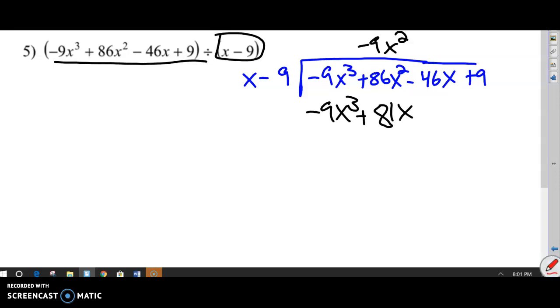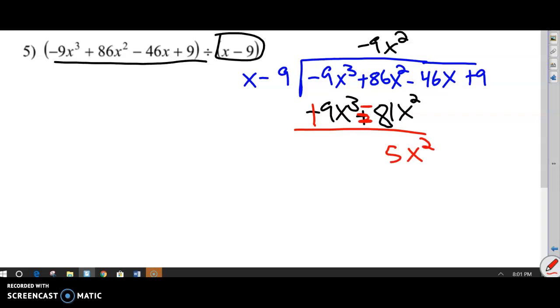So I'm going to change this to plus 9x cubed minus 81x squared. So at this point, the 9x cubes cancel. 86x squared minus 81x squared is 5x squared.